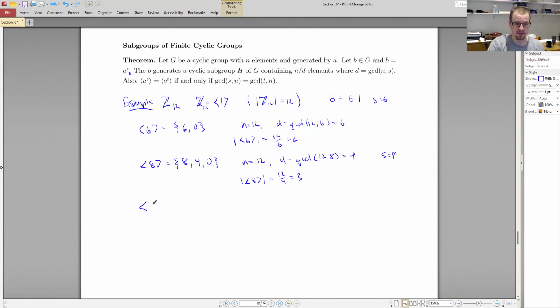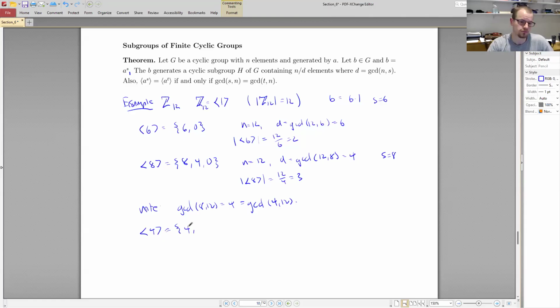But 4 should be the same thing because, let's see here, maybe note the greatest common divisor of 8 and 12, we observed to be 4, which is also the greatest common divisor of 4 and 12. I wrote them as s comma n, but that's fine. So this is the case, and therefore we should expect 4 to generate the same subgroup.